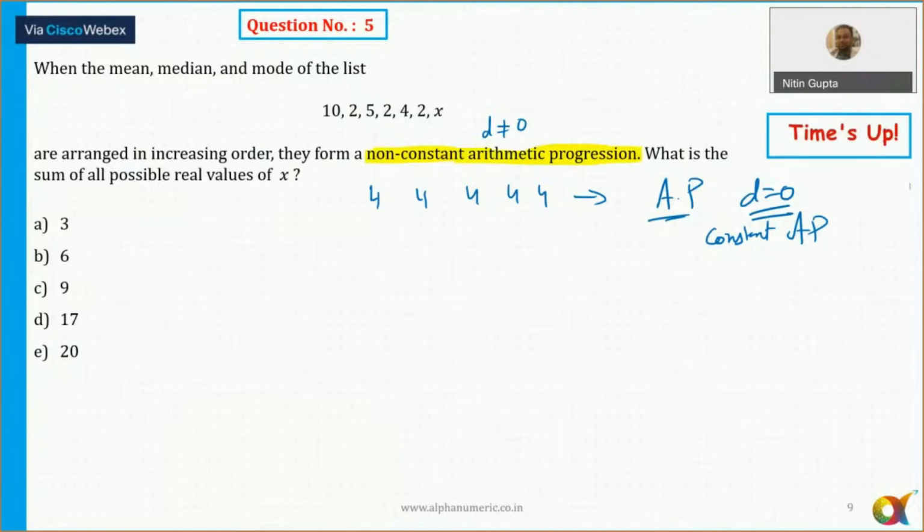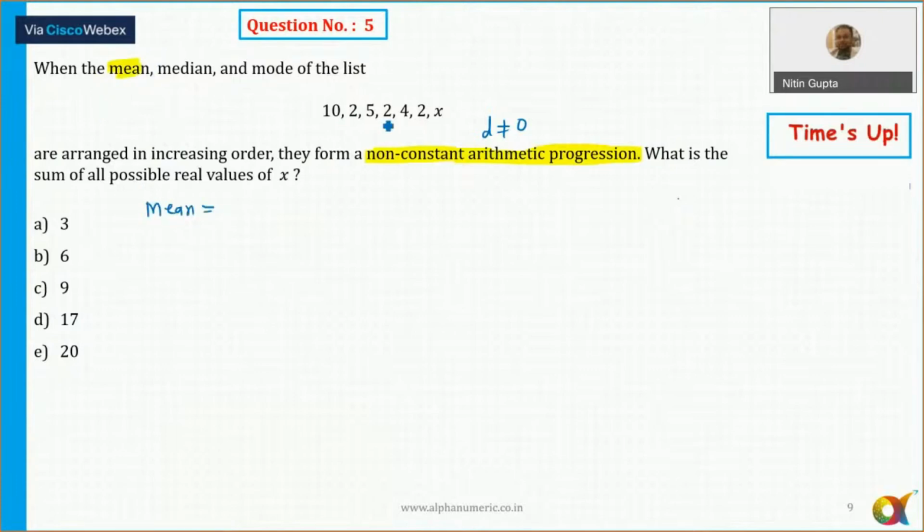Now, so let's start now. So it says when the mean, median, and mode of the list are arranged in the increasing order. Okay. So first of all, I need to identify all these three terms. So let's first of all identify what is the mean. So can anyone tell me what is the mean of these numbers? How many numbers are there? 7 numbers.